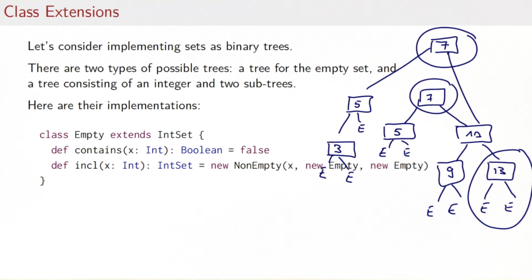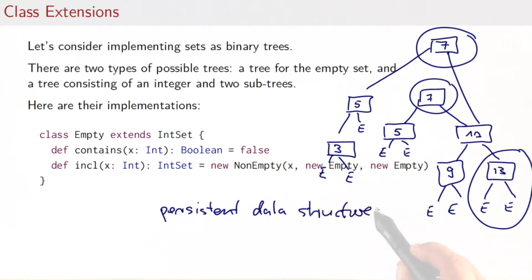These data structures are called persistent data structures, because even when we do changes, or so-called changes in quotes, to a data structure, the old version of the data structure is still maintained. It doesn't go away. And persistent data structures are actually one of the cornerstones of scaling functional programming up to collections and the like.